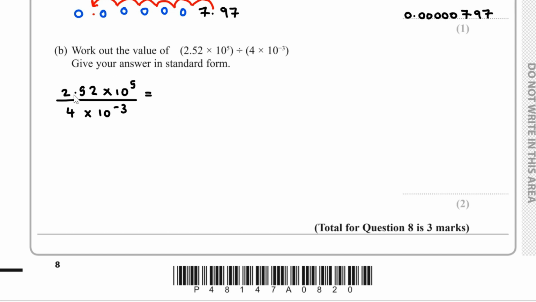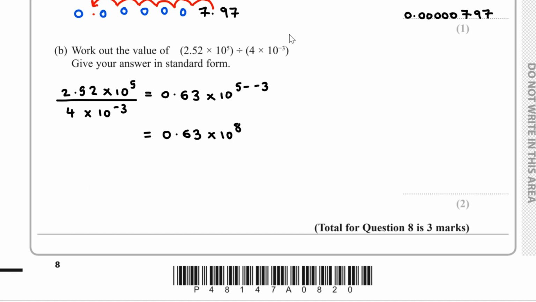Now, 2.52 divided by 4, that's 0.63. And then 10 to the 5 divided by 10 to the minus 3. Well, because we've got the same base in 10 and we're dividing, we subtract the powers, so we've got 10 to the power of 5 take away minus 3. So here we've got 0.63 times 10 to the power of 8.